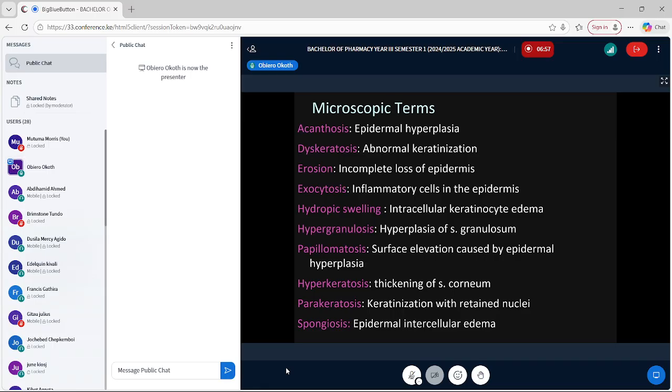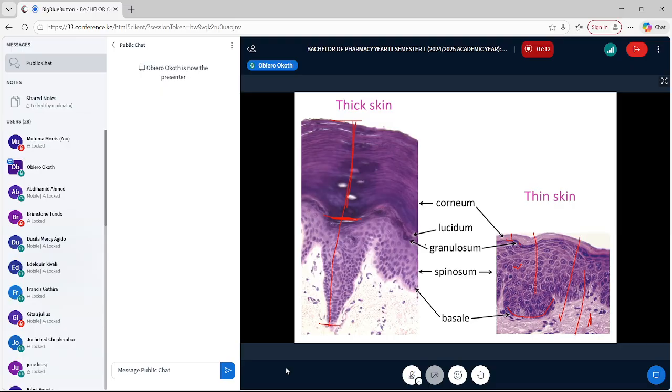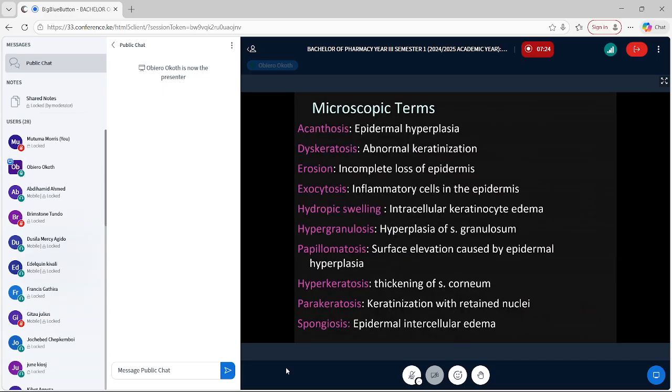When there's swelling inside the keratinocyte, the keratinocyte is swelling, we use the term granules. Too much granules in this layer, we use the term hypergranulosis. If there are less granules, we use the term hypogranulosis.